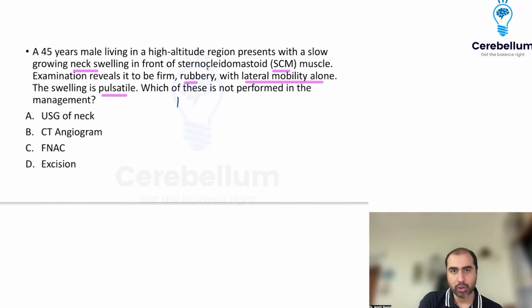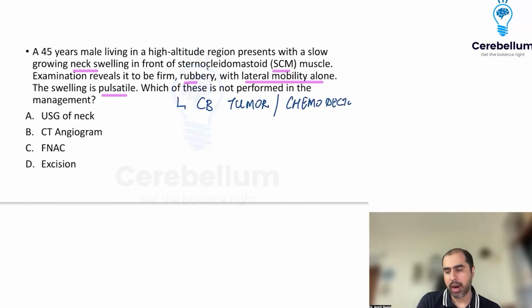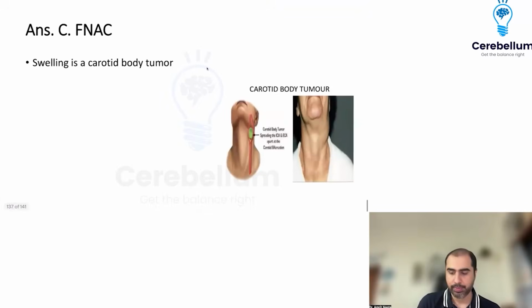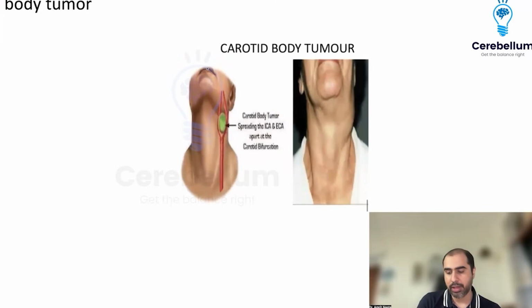It's not a glomus tumor, it's a carotid body tumor, also called a chemodectoma. It is seen at the carotid bifurcation. It looks like this. At the bifurcation of the carotid, it arises from the carotid body.